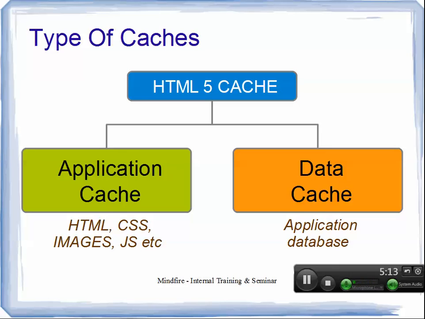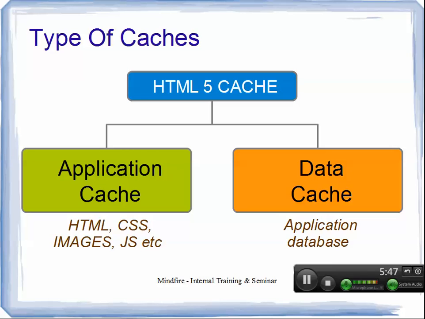So this HTML5 cache can be divided into two parts. The first is the application cache, and the second is the data cache. Whenever you are building a website, it has two parts: the website files, such as HTML, CSS, JS, or images, and some data, which is used to display to the user.